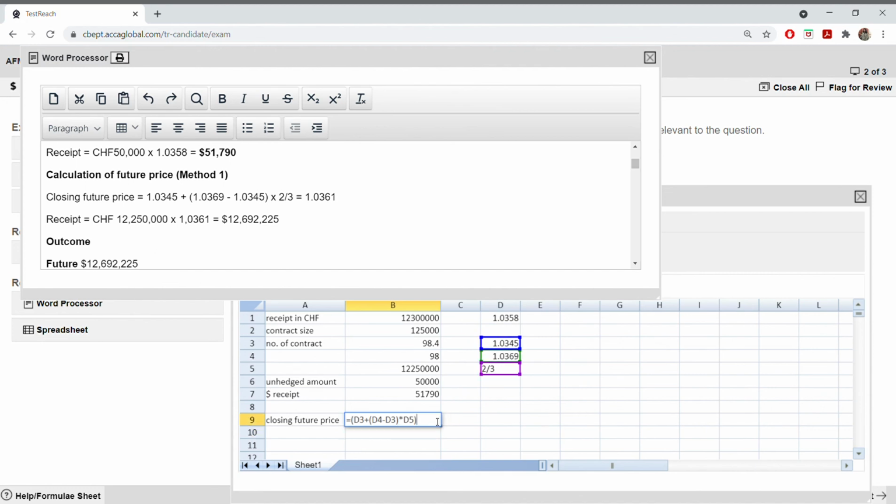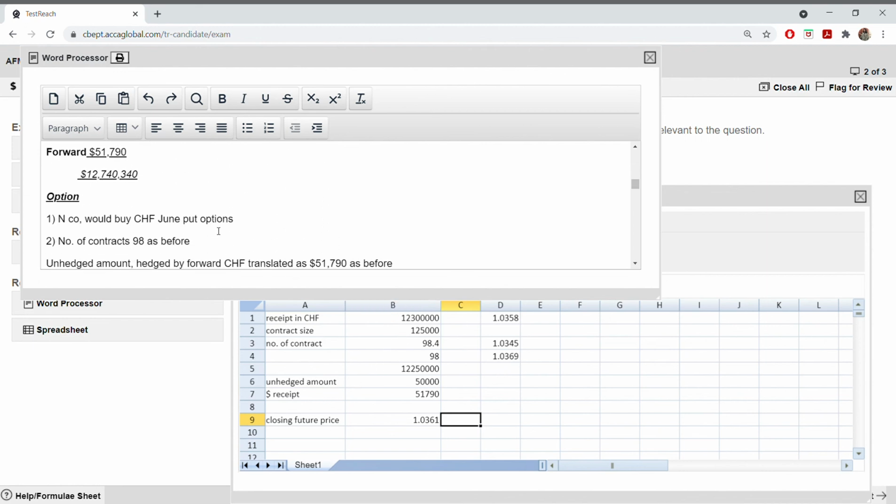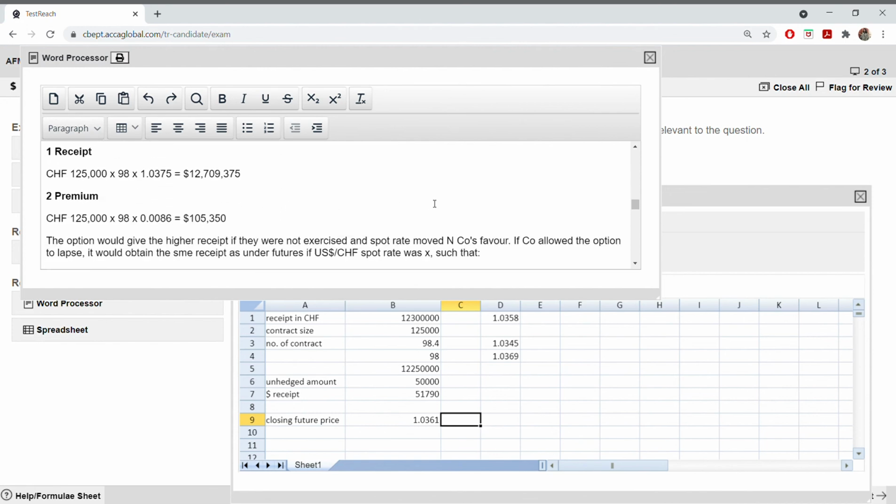If you want to see, just say this. You can just multiply 2 over 3 directly. Don't put this as a fraction, they do not take it as a fraction, so you multiply 2 over 3 and you will get the same answer. So I hope the rest you can also do, even for the option.